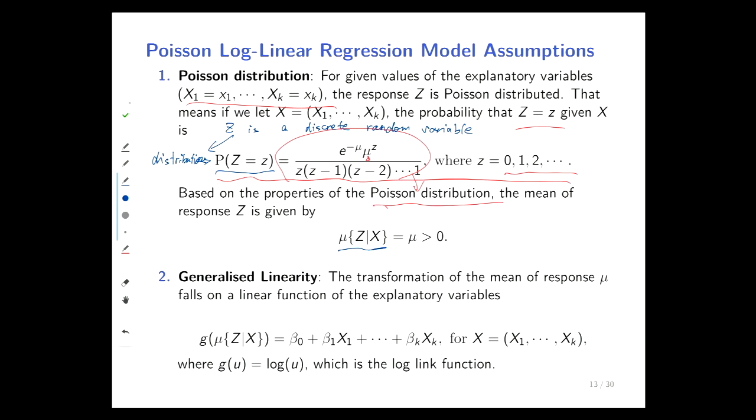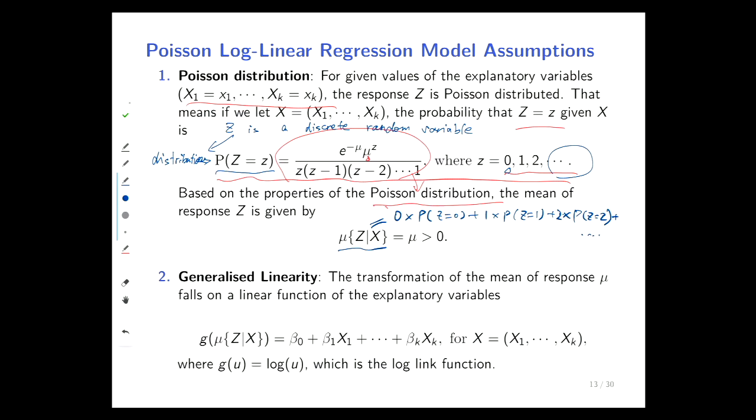With the distribution, the mean can be computed as 0 times the probability of Z equal to 0, plus 1 times the probability of Z equal to 1, plus 2 times the probability of Z equal to 2, and so on and so forth. That's how we compute the mean of a discrete random variable.